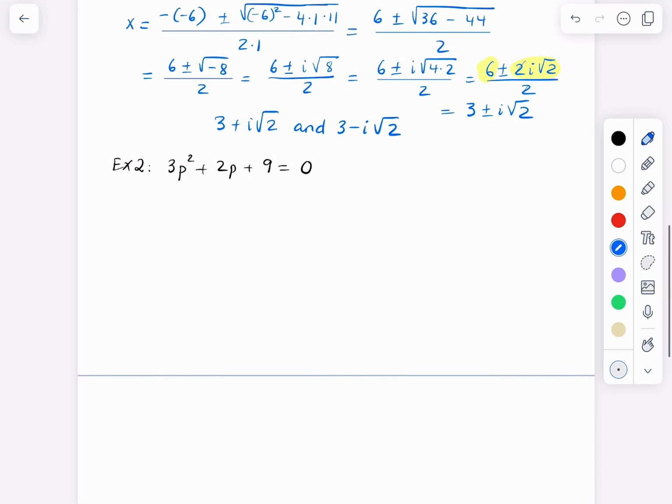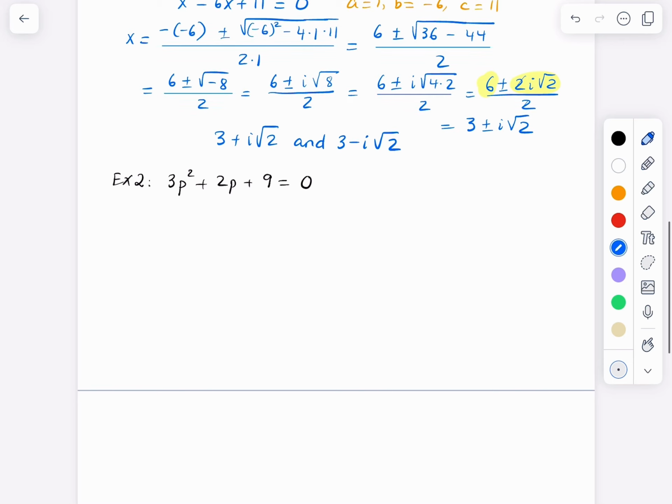Let's try this next example. And again, I'm going to be using the quadratic formula. Let's try to detect what kind of solution we are going to get this time also. So a here is 3, b is 2, and c is 9. The discriminant can be calculated by b squared minus 4ac, which is 2 squared minus 4 times 3 times 9.